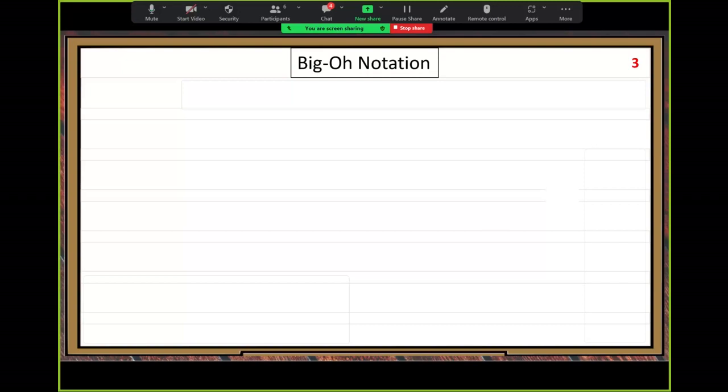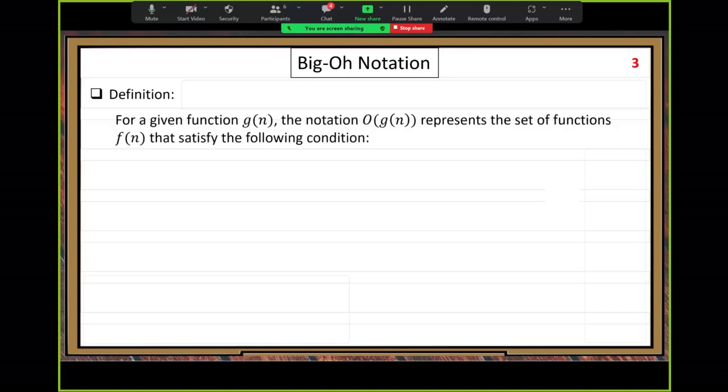Let me show the definition of the first one, and then I will explain this definition next time. First, the complete definition. For a given function g of n, the notation big O of g of n represents the set of functions f of n that satisfy the following inequality condition.